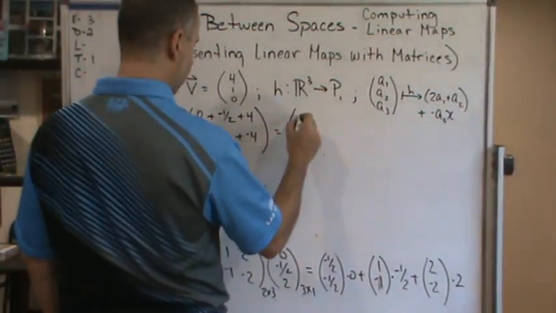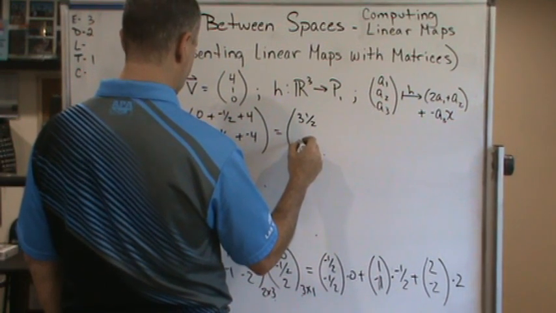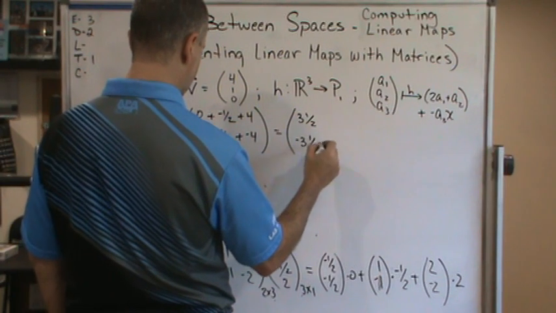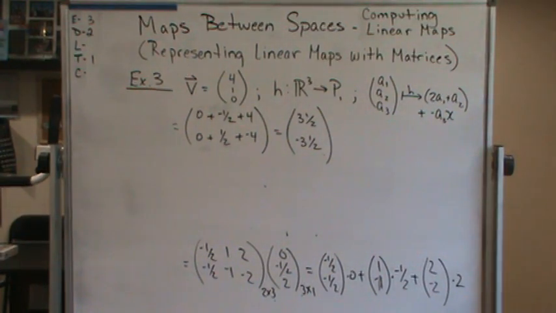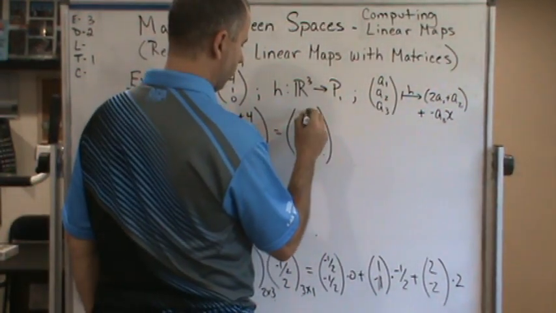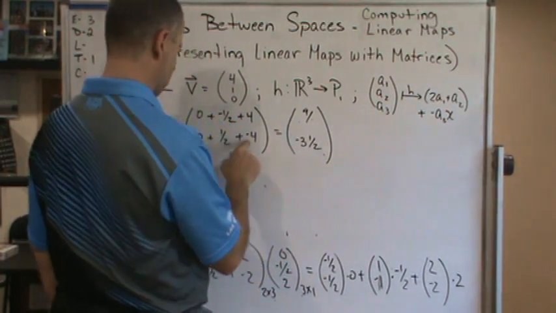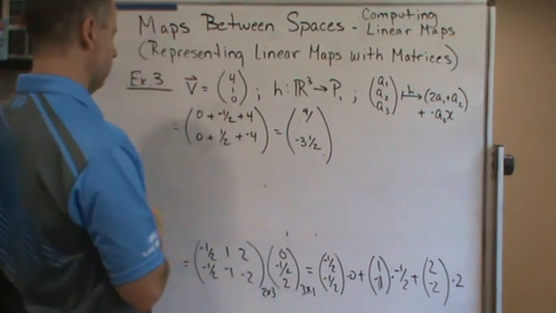We end up with 3.5, negative 3.5. Oh, wait a minute. Did I do something wrong?